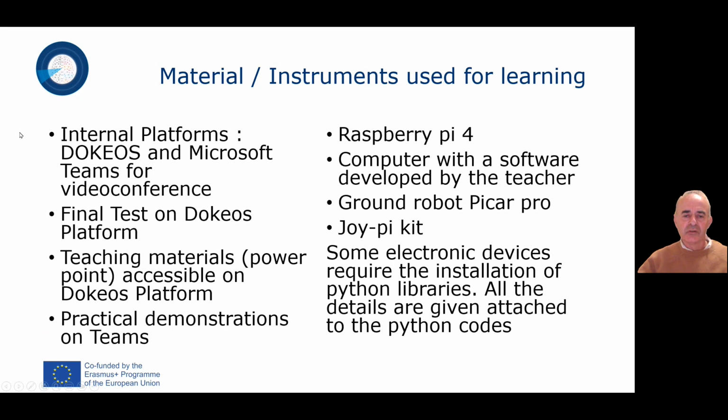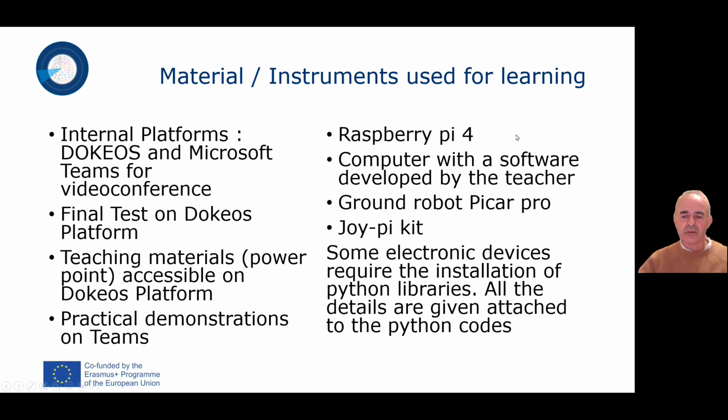We have used some materials to give this course, such as an embedded computer named Raspberry Pi 4. We have used a computer with software developed by the teacher to remote control the embedded computer.